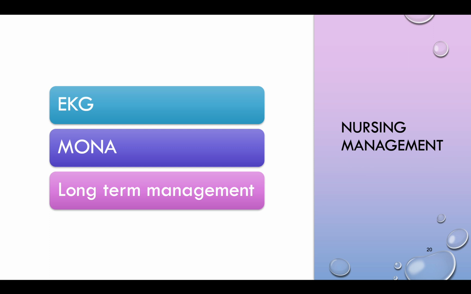So that is the N and the A. The M in MONA stands for morphine. Morphine can be given to help with pain related to angina because it also has vasodilating effects. So we might see an order for morphine. And oxygen is only indicated if our patient's O2 saturation is less than 92%. So if your patient comes in complaining of chest pain and their oxygen saturation is 98%, then we probably don't need to administer oxygen.